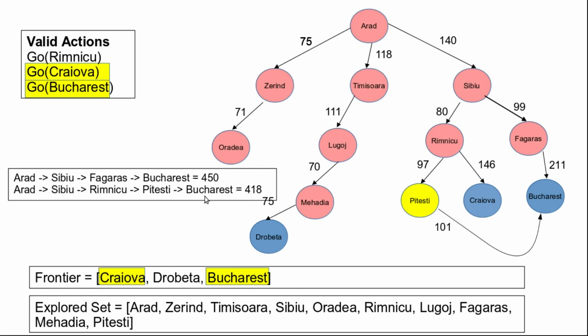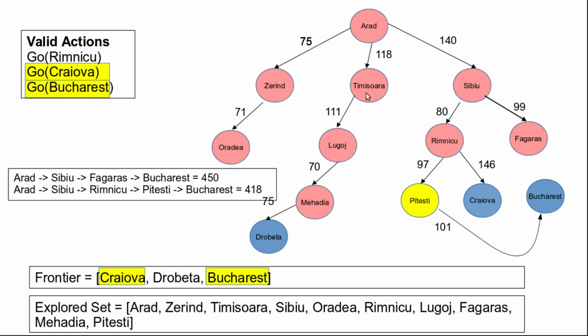So this is a special instance that we have seen. The new path actually has lower cost than the earlier path. So we will discard the earlier path, which is from Fagaras to Bucharest, and instead we will preserve this new path from Arad to Sibiu to Râmnicu to Pitești to Bucharest.